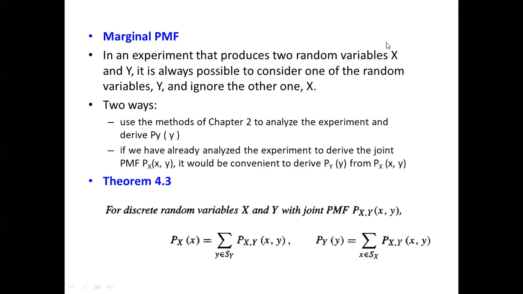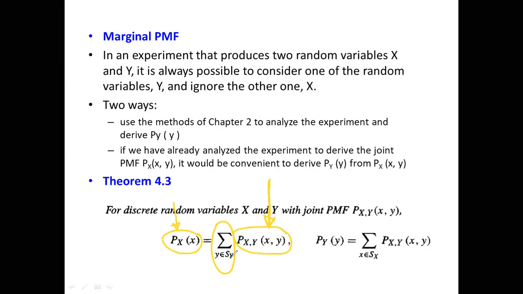If we have a joint probability like this one, and if I take all the values of y, that means all the values of one particular random variable, then I can find the other random variable's marginal PMF. So if we have a joint PMF, we can easily find the marginal PMF by summing over all the values of the other random variable. Similarly, it is true for PY as well.